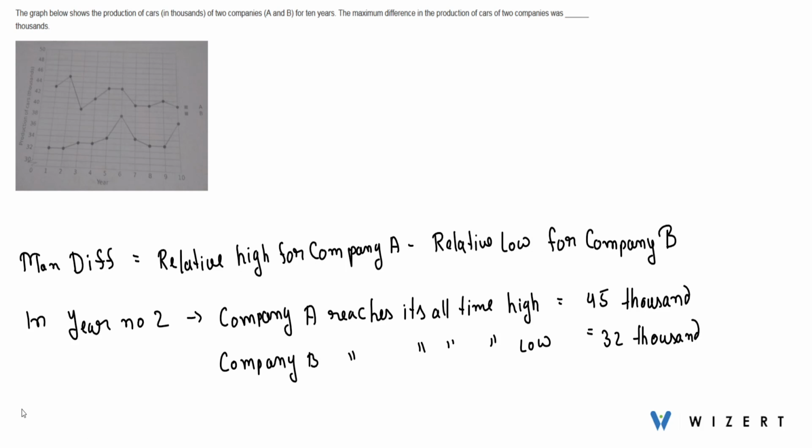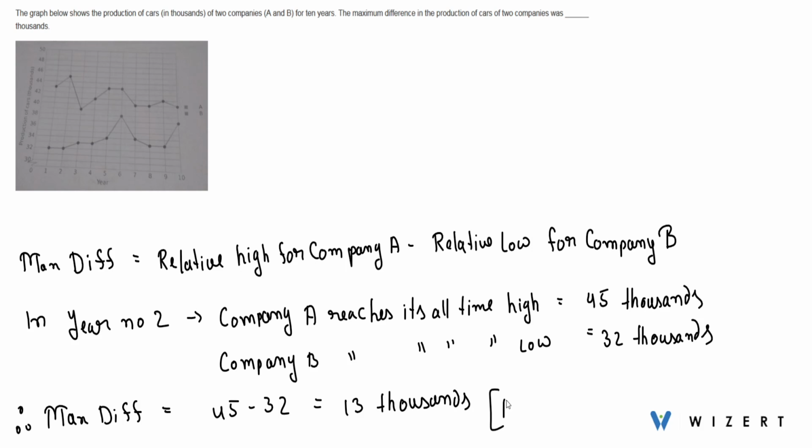Therefore, the maximum difference in the production of the two companies is obtained in year number 2, which is equal to 45,000 minus 32,000, which is equal to 13,000. So this will be our required final answer.